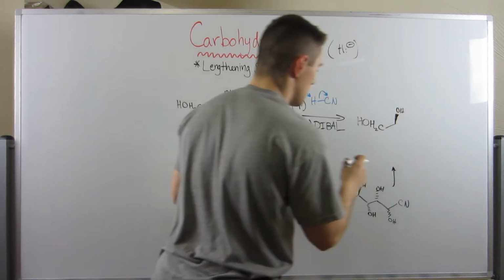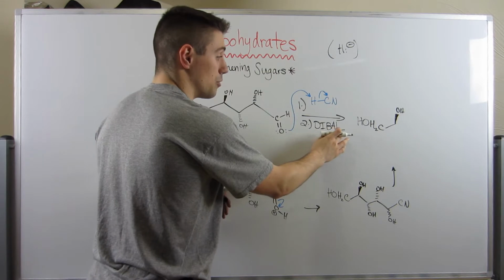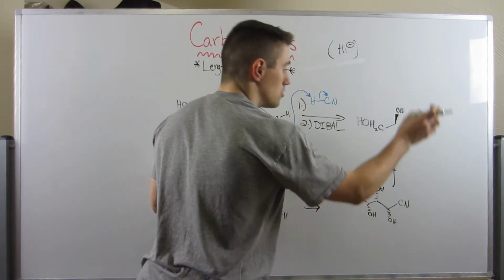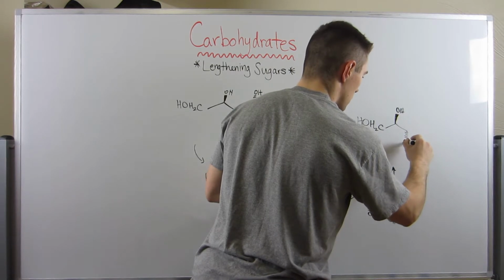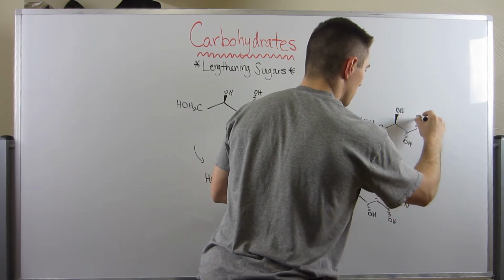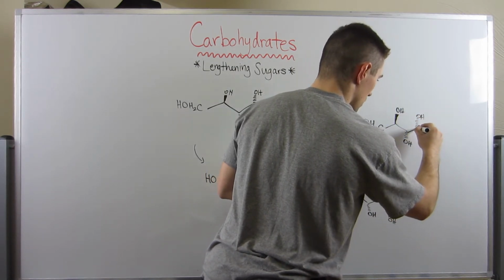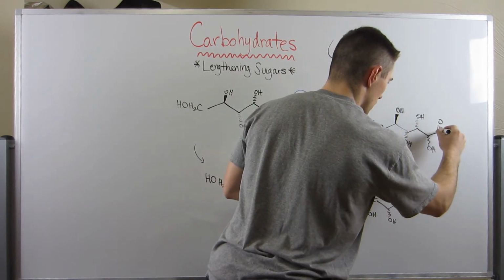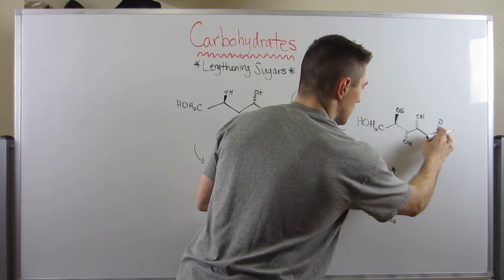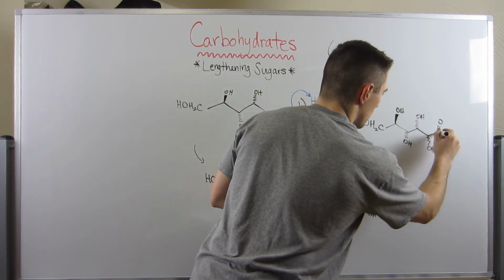What happens is this diisobutyl aluminum hydride takes the nitrile to an aldehyde, and you'll see what that does for us when I draw it out. And I'll make it even more clear by drawing this carbon.